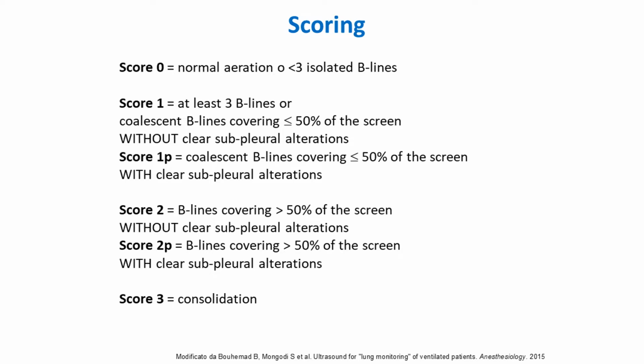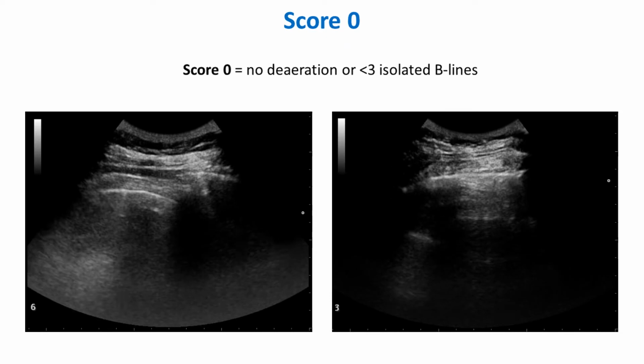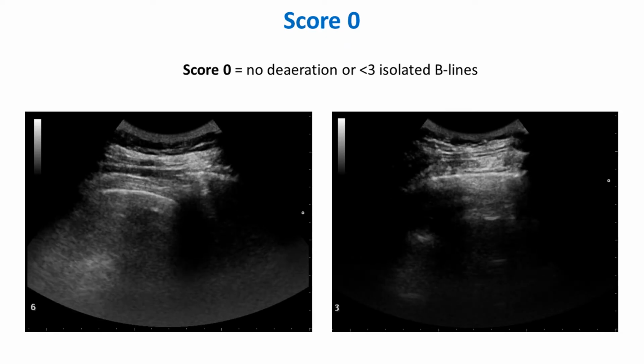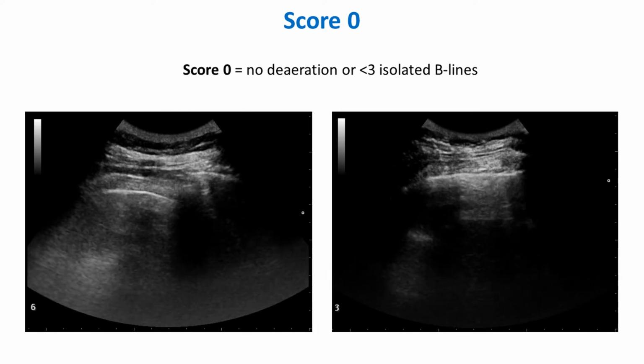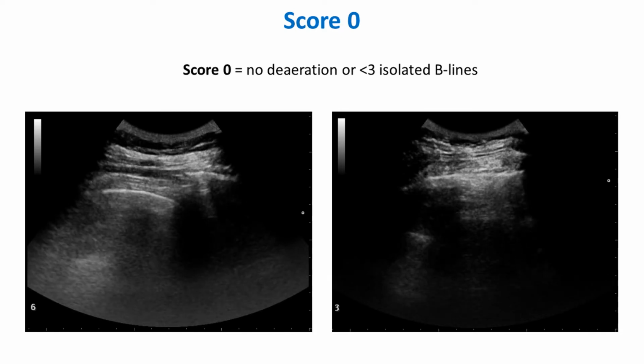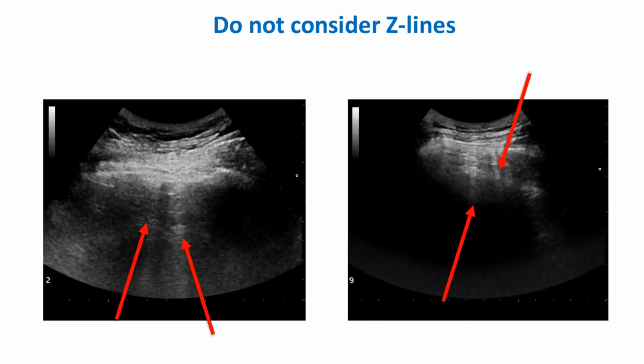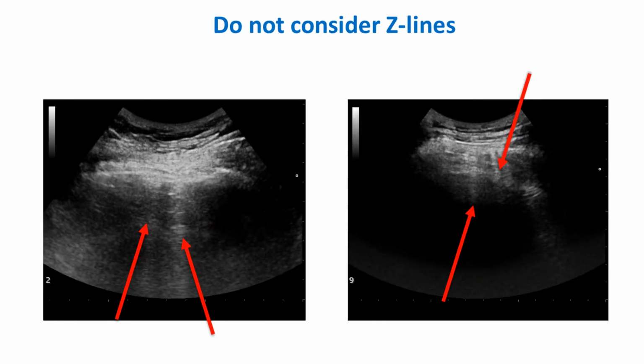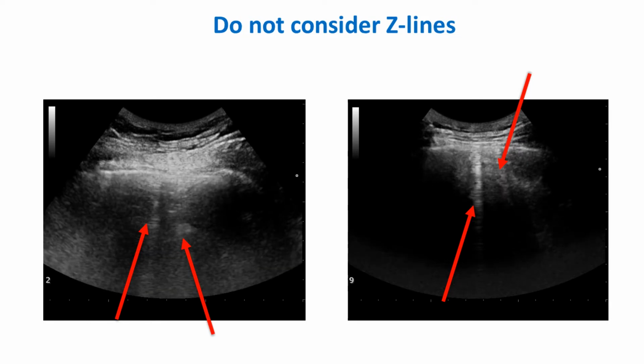Again, we've been using a previously validated score, assigning a score of 0 to the picture of an aerated lung when we have no B-lines or fewer than 3 B-lines. We have to be careful not to mistake Z-lines for B-lines.